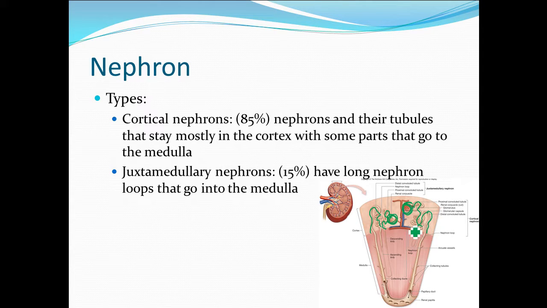So the majority of it is still going to be in the same area. Okay. However, the nephron loop for the juxtamedullary nephron goes pretty deep into the medulla, while the nephron loop of the cortical nephron just slightly dips into the medulla.